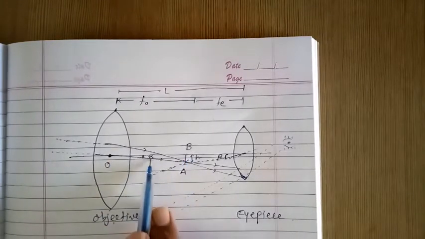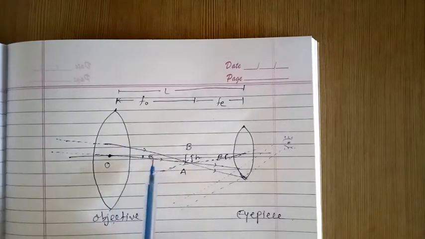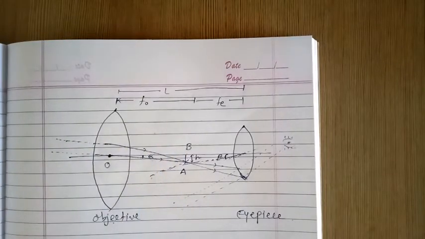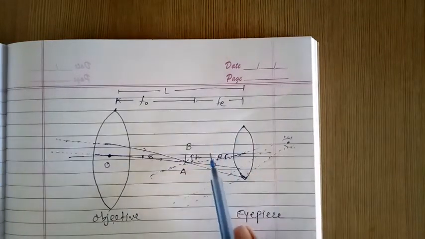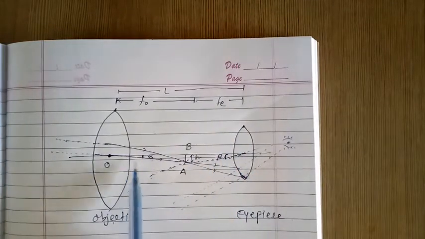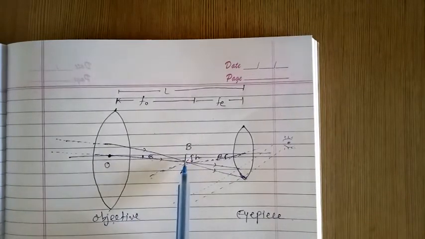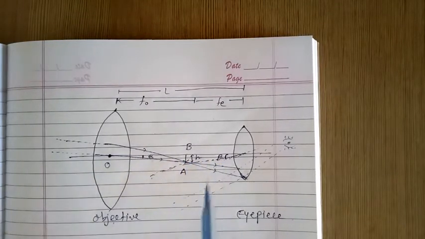We can write that tan alpha is equal to h upon FO. Same, we can also write tan beta is equal to h by FE, right?